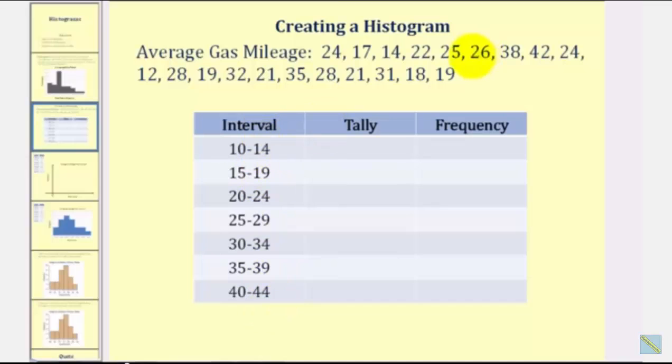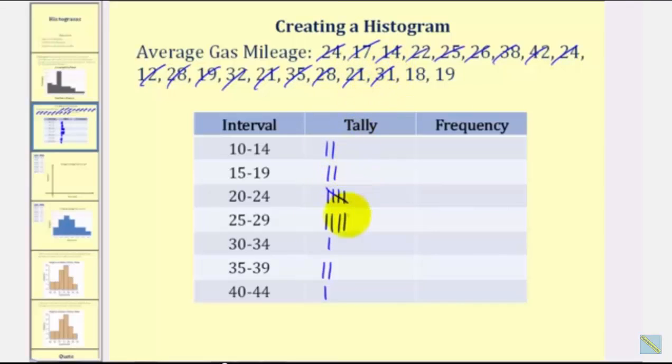So we'll first go through and tally the data in the correct interval and then find the frequency. So starting with 24, which would be in this interval, then we have 17, 14, 22, 25 and 26, both in this interval, 38, 42, 24, 12, 28, 19, 32, 21, 35, 28, 21, 31, 18, and 19.